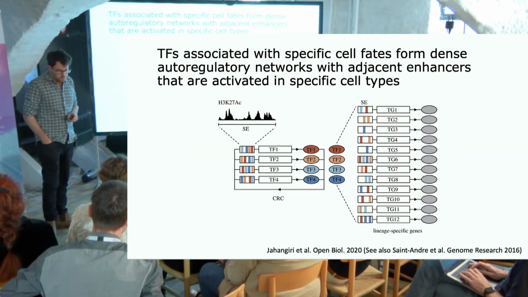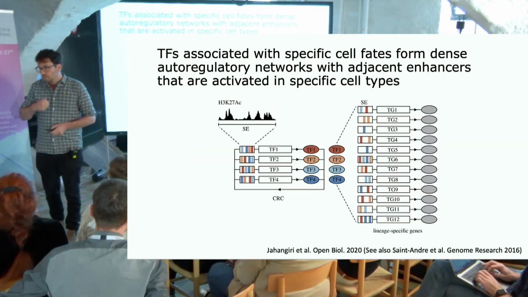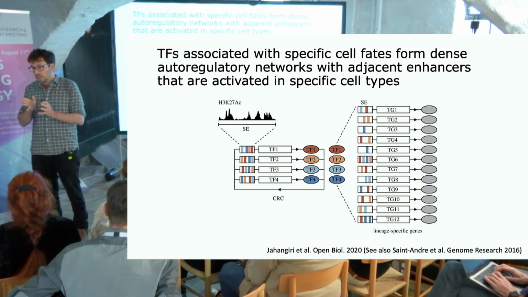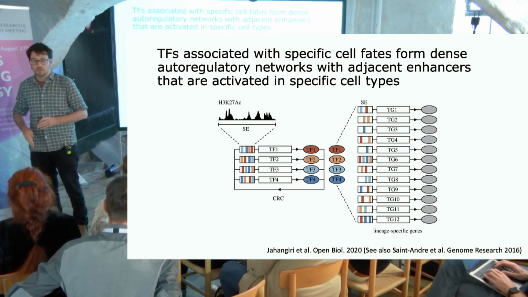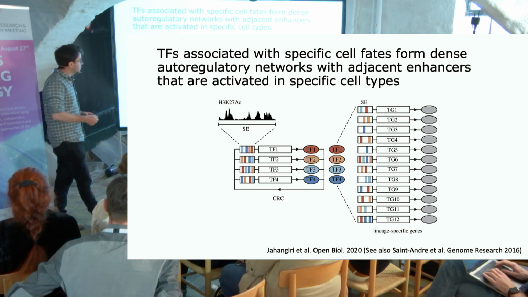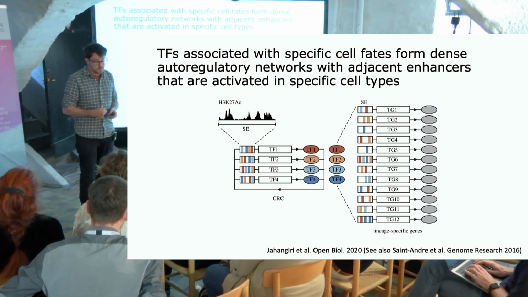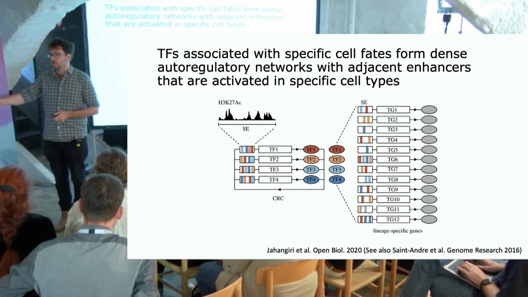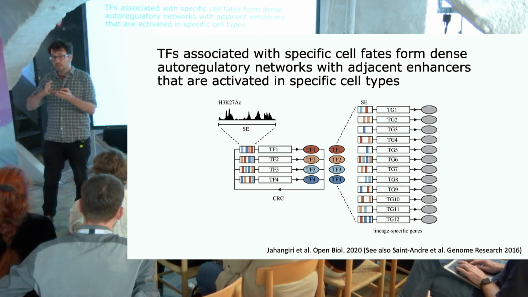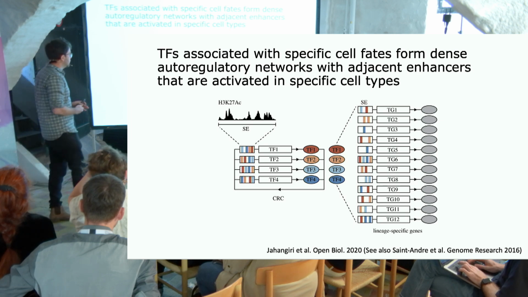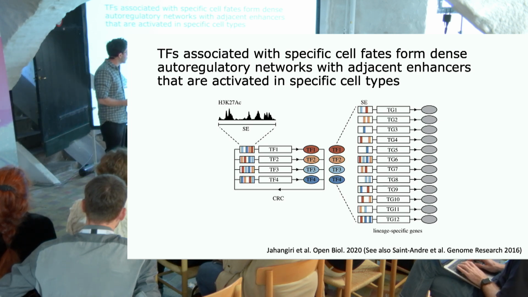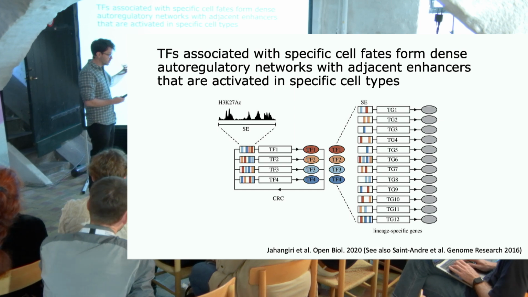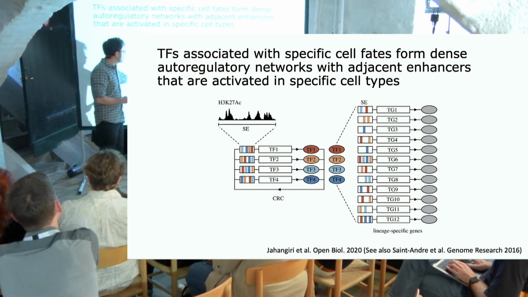And we also know that these transcription networks are not just random networks, but they have a very specific regularity. That regularity is that the transcription factors that are expressed in the same cell type tend to all co-bind their own enhancers. So we can think of this as sort of like a clique, right? We have similar transcriptional binding profiles of these enhancers that activate these transcription factors, and they all co-bind the same enhancers.